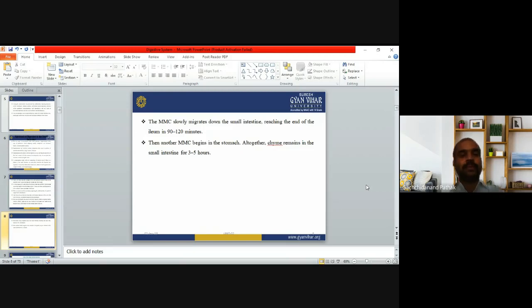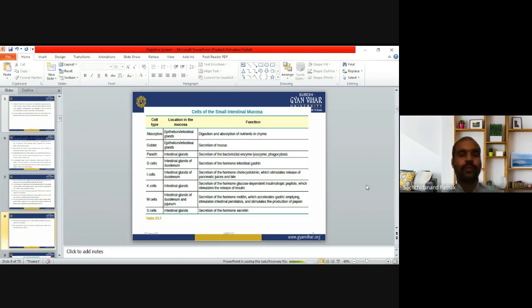The MMC slowly migrates down the small intestine, reaching the end of the ileum in 90 to 120 minutes. Then another MMC begins in the stomach. Altogether, chyme remains in the small intestine for 3 to 5 hours.